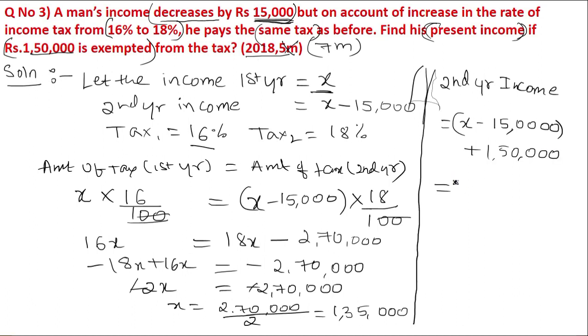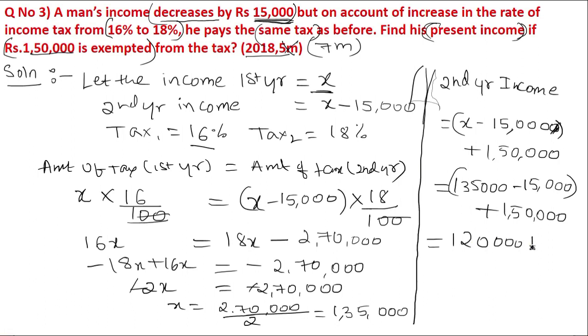X is 1,35,000, minus 15,000 is 1,20,000, plus 1,50,000 gives 2,70,000. So this is the present year income.